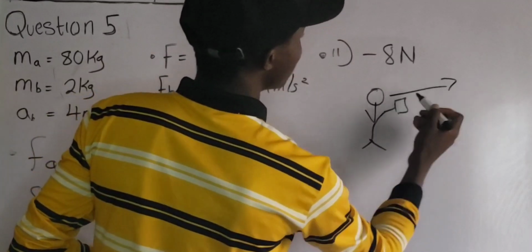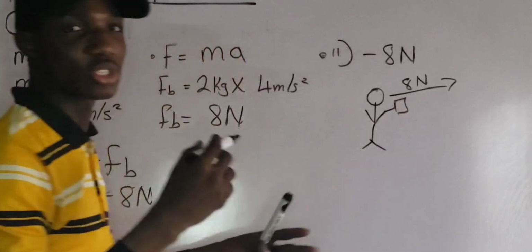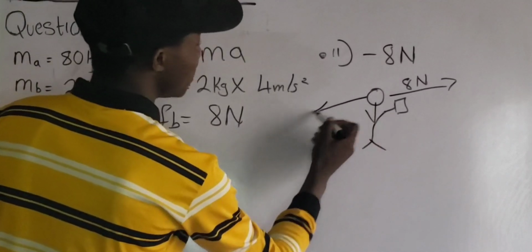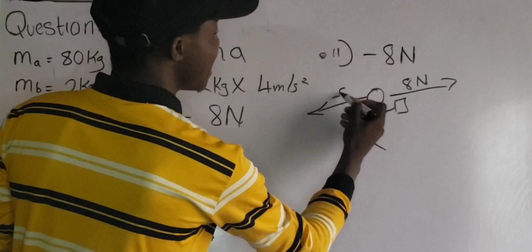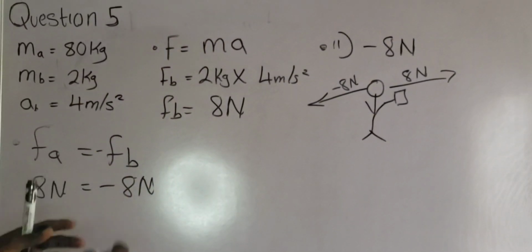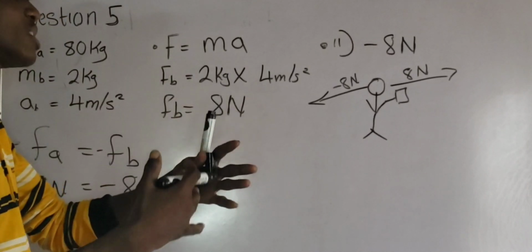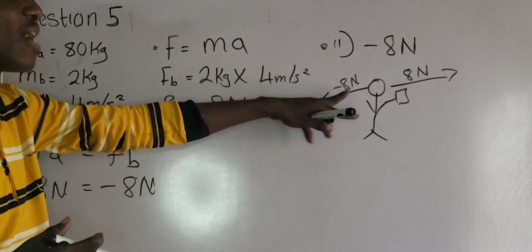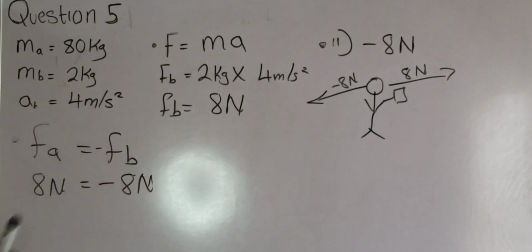He threw this box with a force of 8 Newton. According to Newton's third law of motion, the astronaut will experience the same force but in the opposite direction. That means I'm going to have negative 8 Newton here. You understand what I'm saying? So the astronaut is going to feel the same force which he applied on the box but in the opposite direction. That is why we have negative 8 Newton as the force that the box exerts on the astronaut.